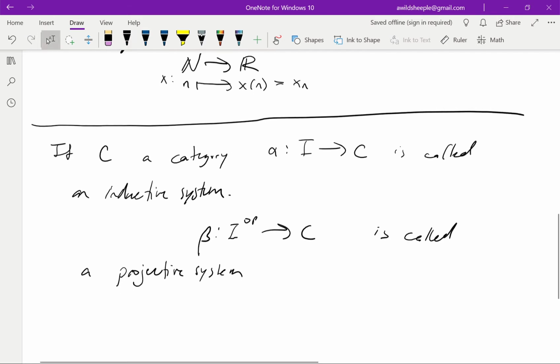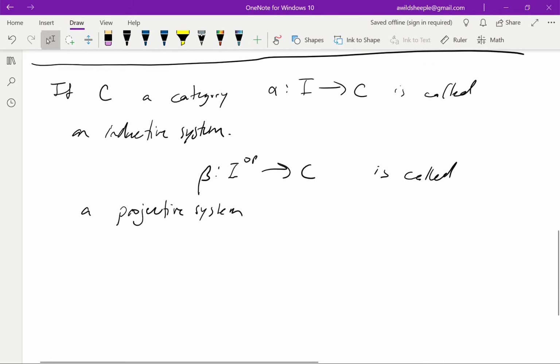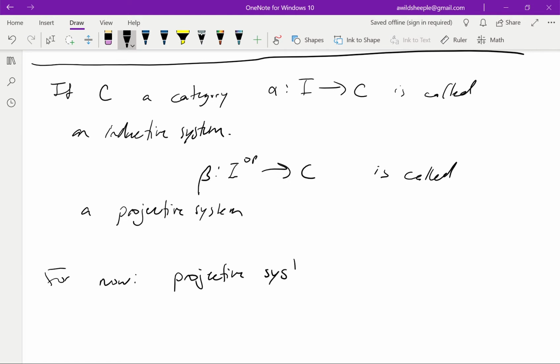And in order to set up the machinery that we're going to want for the video and for going forward, we'll start with projective systems. And in particular, we're going to start with projective systems that map to sets. So for now, we'll consider projective systems from small categories into Set.